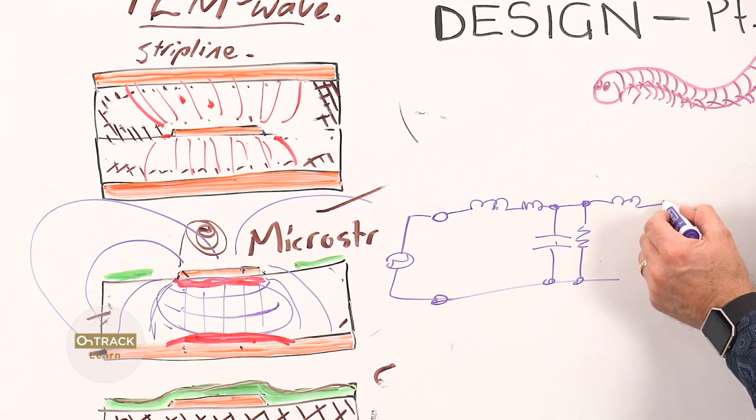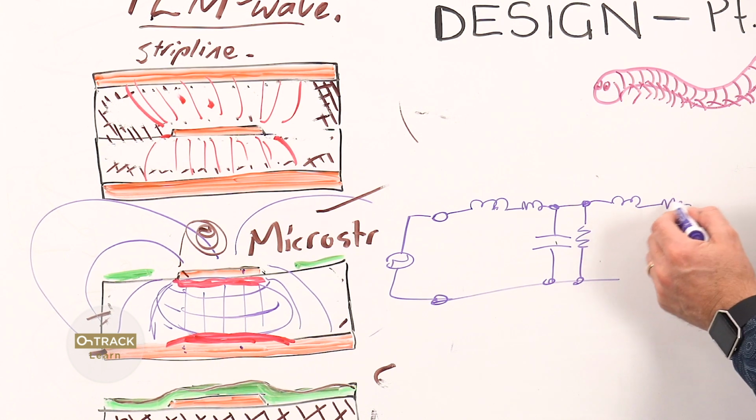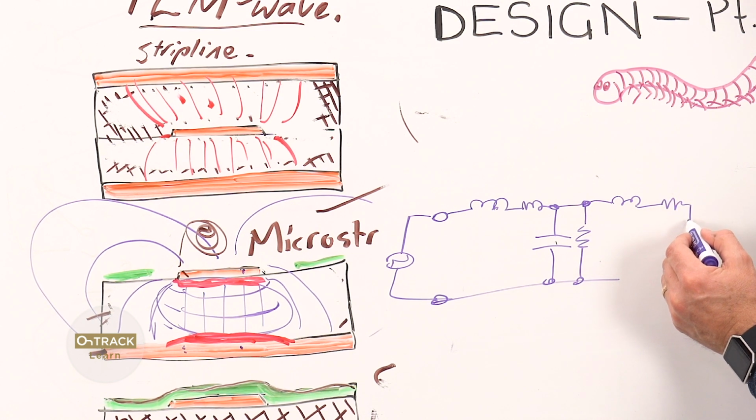And there's some series resistance which represents losses in the conductor.